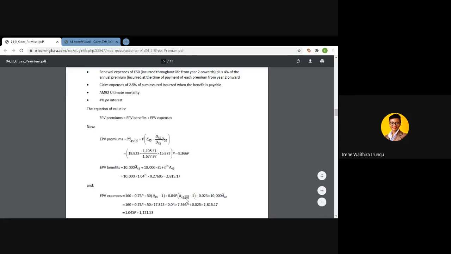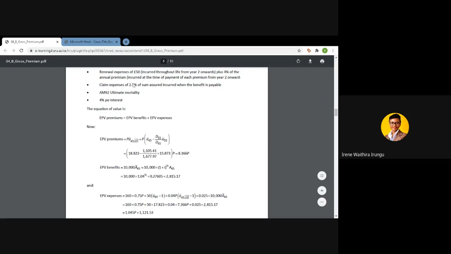That's why you can see our discounting factor here is ä_45:10, because the 4% is attached to the premium, which is only paid for 10 years, but we need to subtract this one because it is only starting from year 2 onwards.